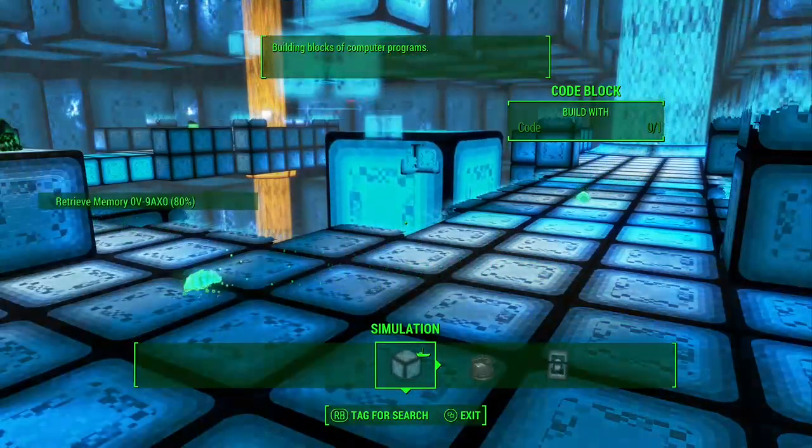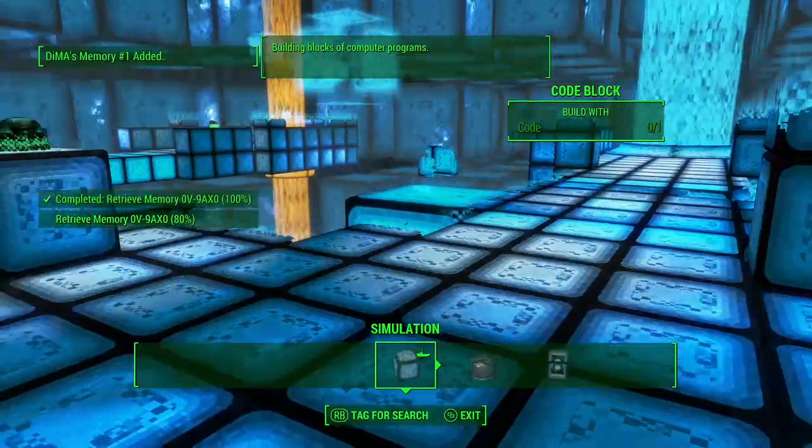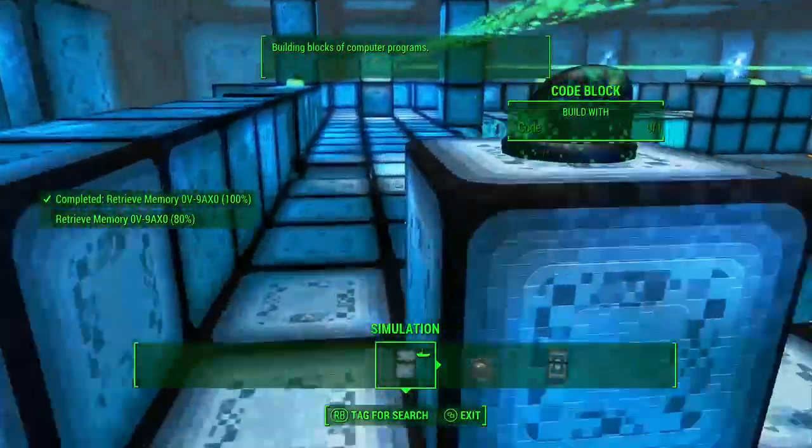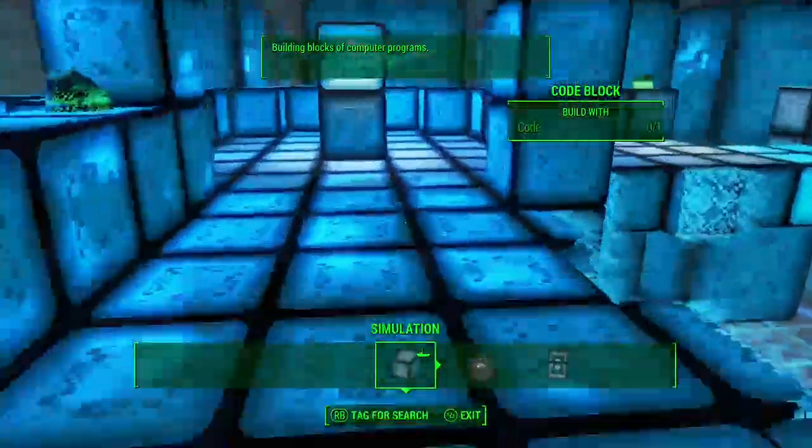Intrusive indexer detected. Verifying memory file. 100%. We're done here.